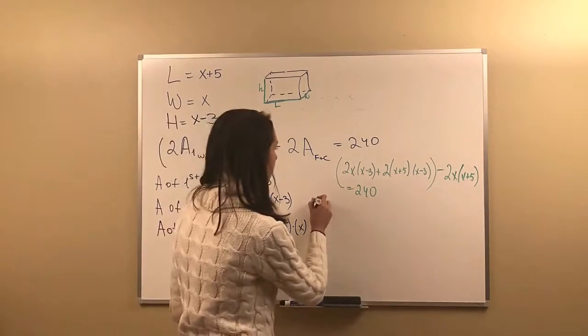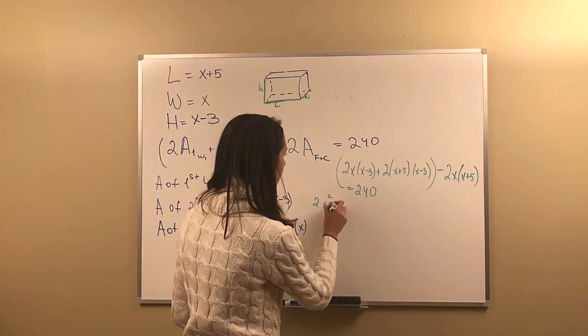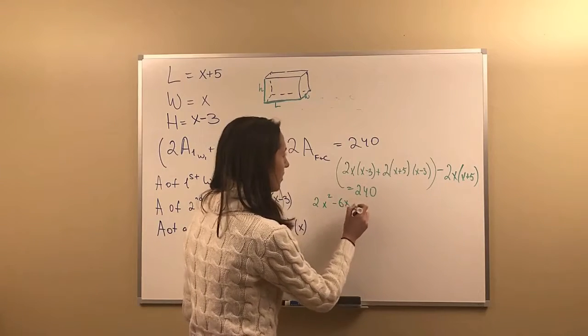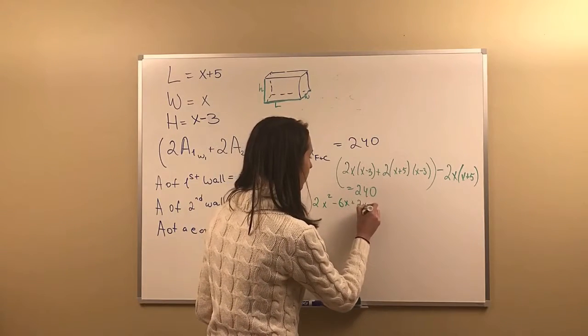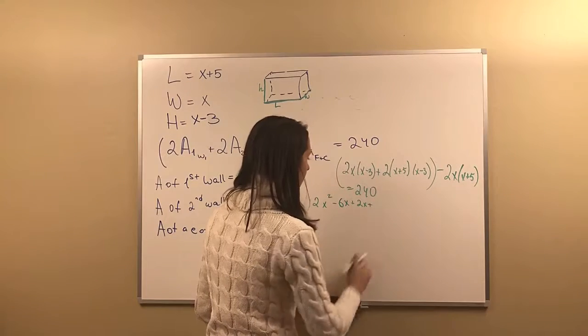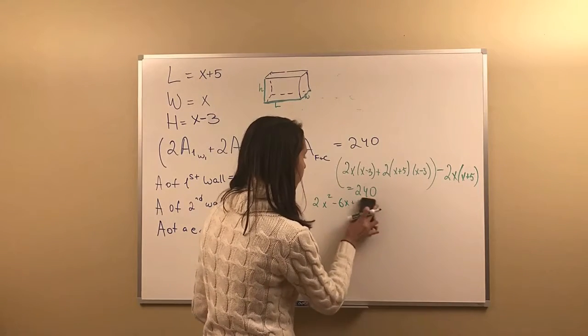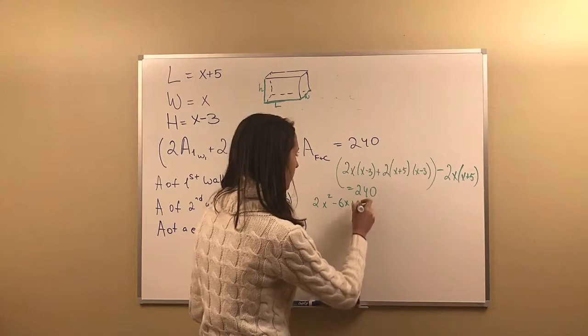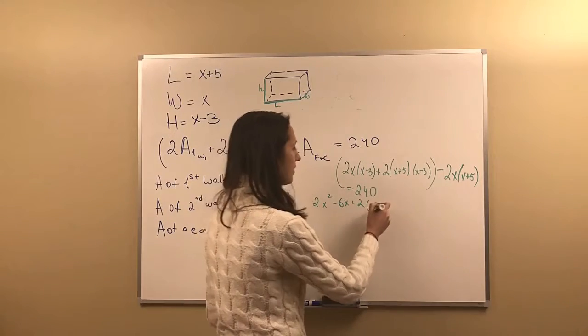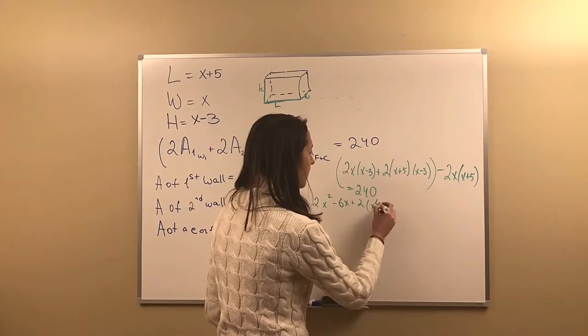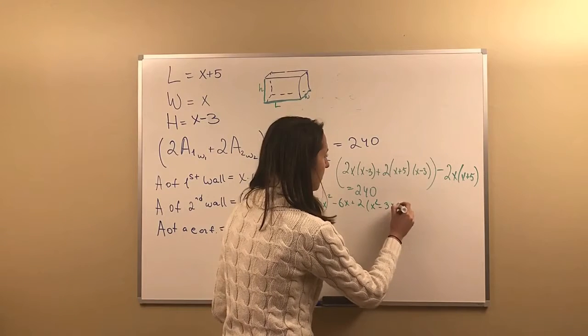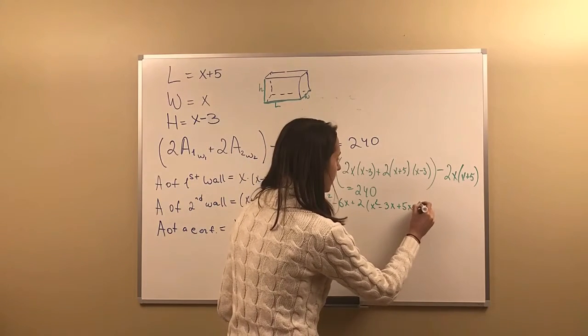So that would be 2x squared minus 6x plus 2x plus, actually, you know what, let's do it this way. Plus 2, and we open up those parentheses first. x squared minus 3x plus 5x minus 15.